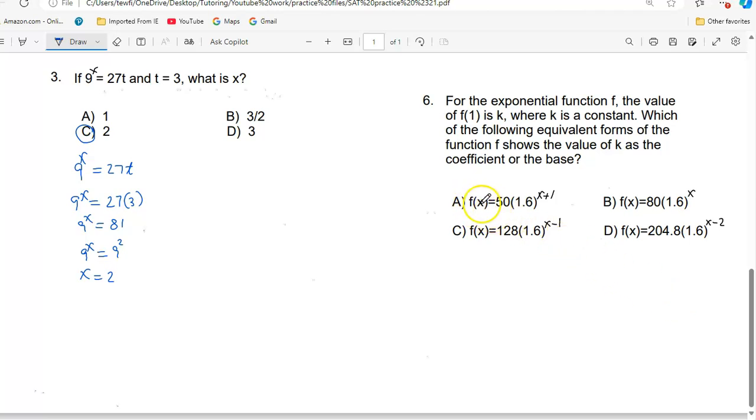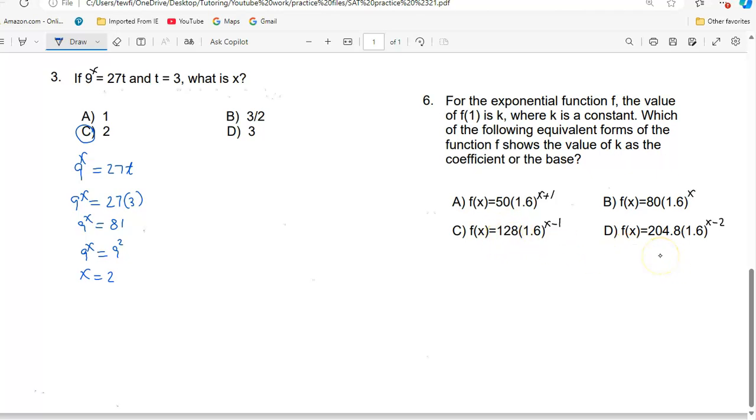So if I put f of 1 here, that will be 1.6 squared. That's not going to give me 50 or 1.6, right? K as a coefficient or base. The only one that's going to give me k as a coefficient or base is if the exponent is 0, right? Because anything to the 0 is 1. This one, if I put x as 1, 1 minus 1 is 0, so that will be 1.6 to the 0. Anything to the 0 is 1, so the answer will be 128, which is a coefficient.